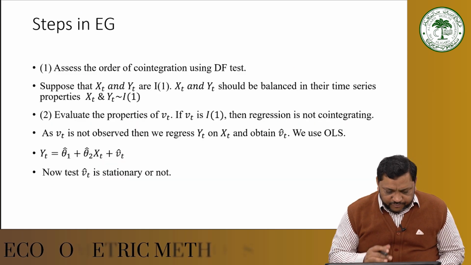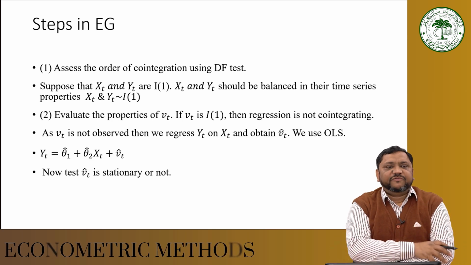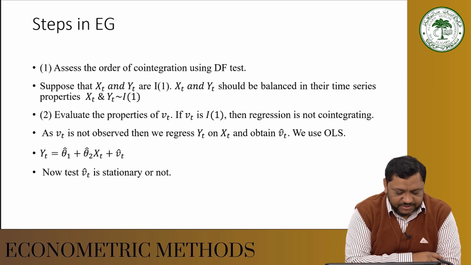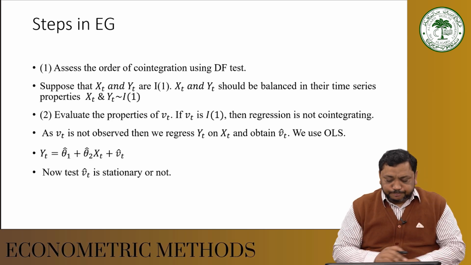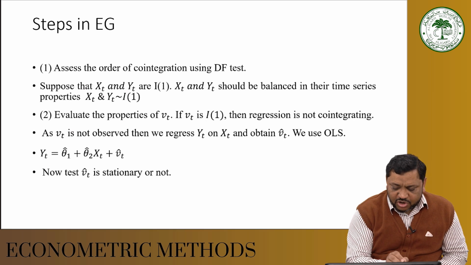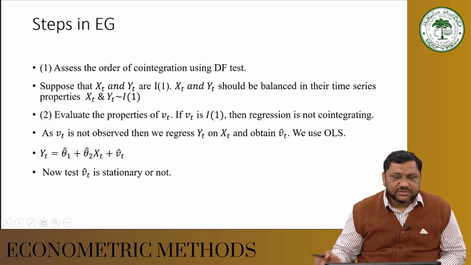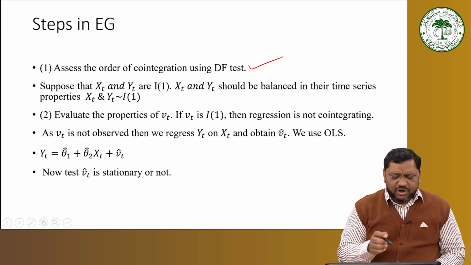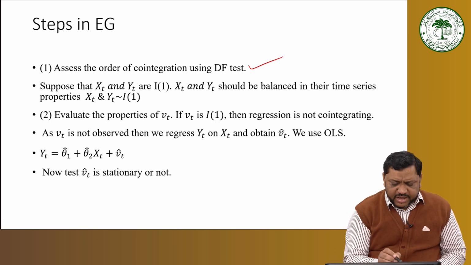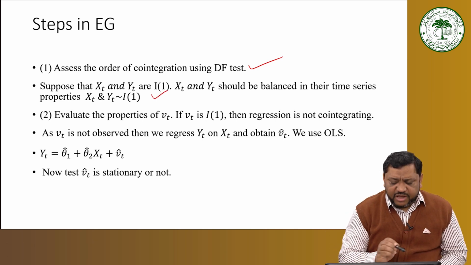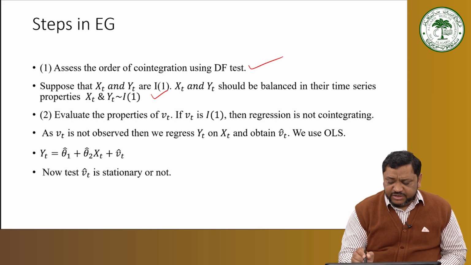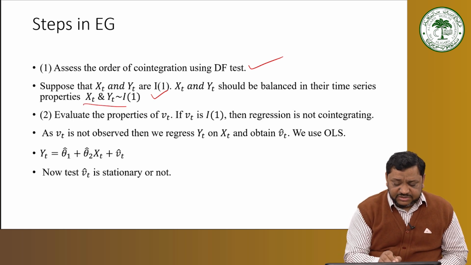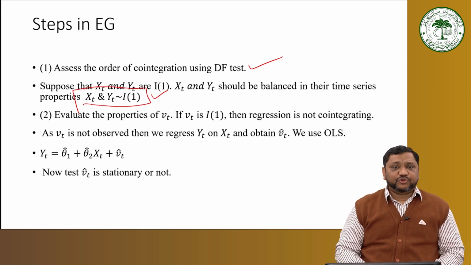Now we go by the estimation of the Engle-Granger method and the steps involved in it. We assess the order of integration using the Dickey-Fuller test or any other. So xt and yt we check are I1; both of them should be I1.